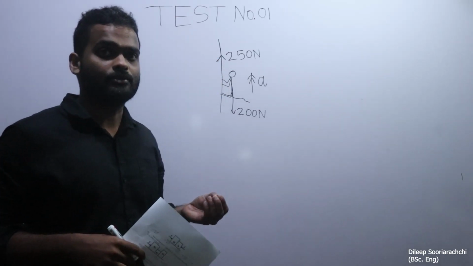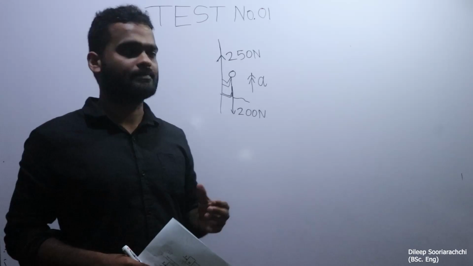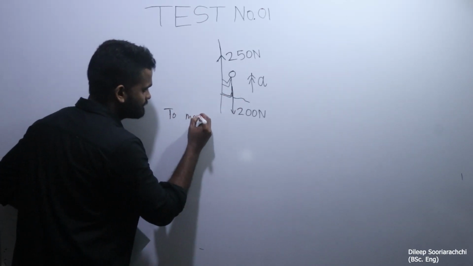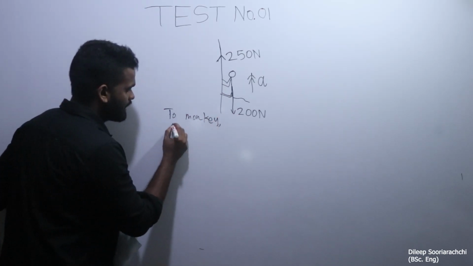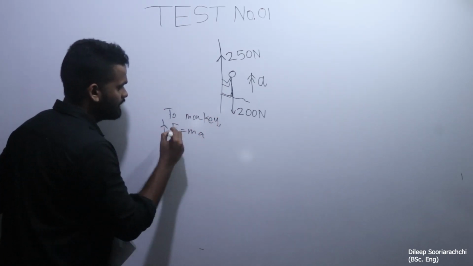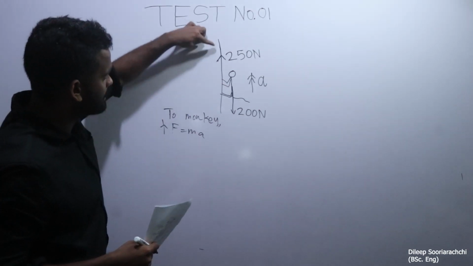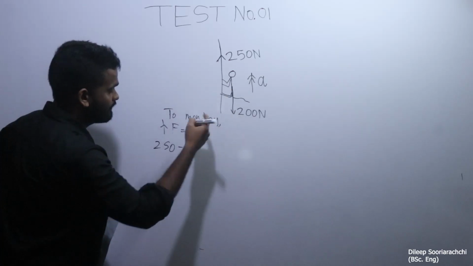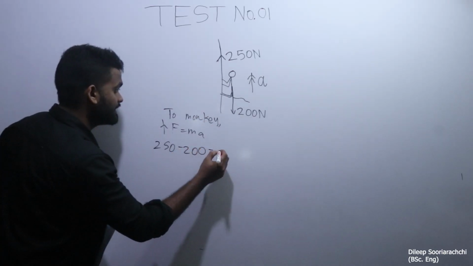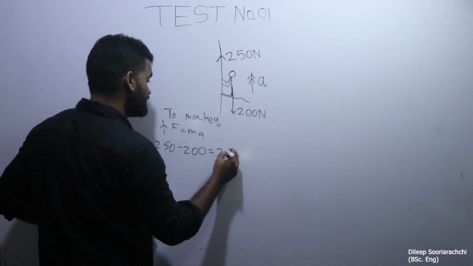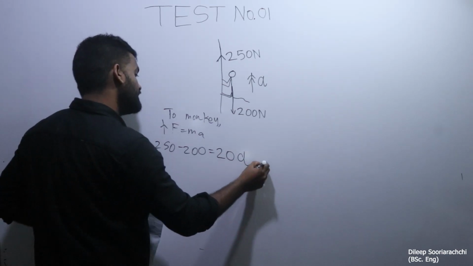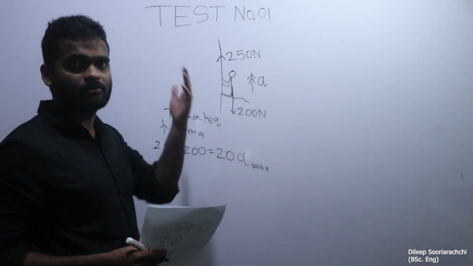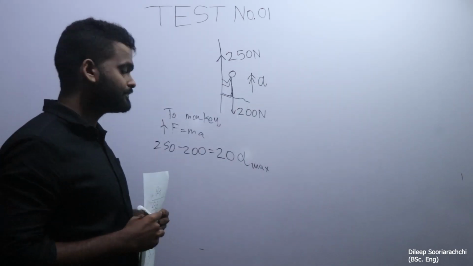Then what we have to do is just apply F equals ma to the monkey. F equals ma. So tension on the monkey, that is 250 upwards. Downwards, the weight of the monkey, that is 200. That is equal to the mass of the monkey, which is 20, times the acceleration, that is the maximum acceleration that the monkey can move along the rope, holding it.